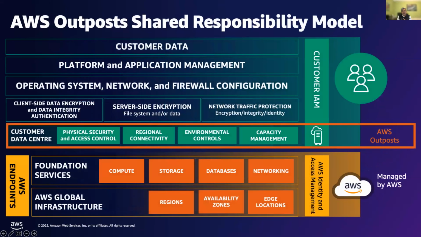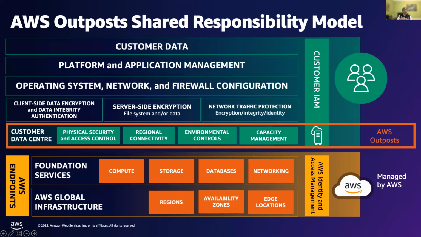And then finally, I want to leave you with the thought about the shared responsibility model. This is one of the fundamental models that we have at AWS. Essentially, there is a customer responsibility and there is an AWS responsibility. AWS is responsible for the infrastructure itself and the foundational services like compute and storage and databases and networking and so on, right? And anything above that is the customer's responsibility.